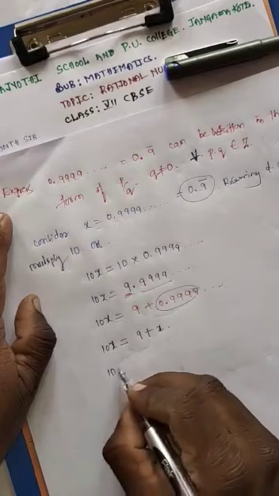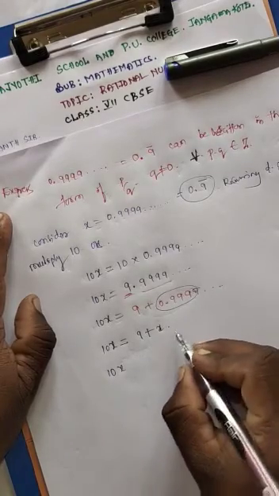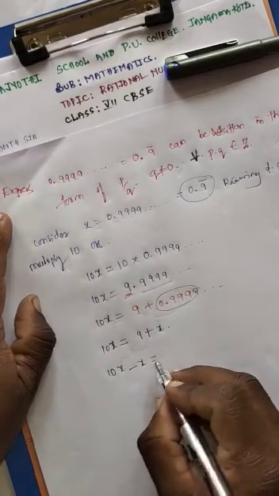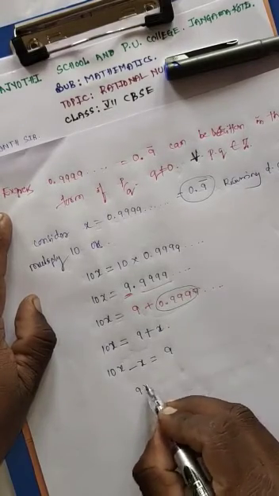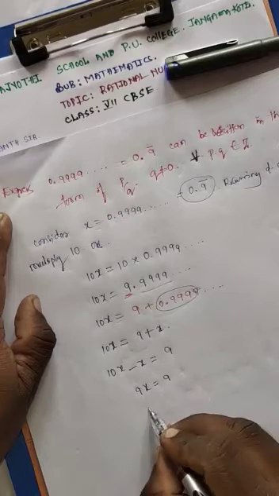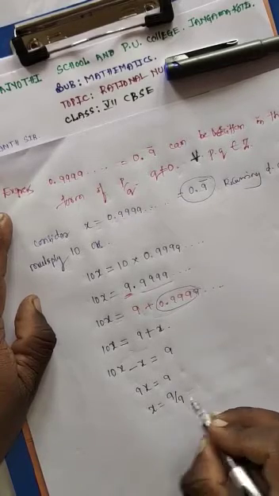So we can transpose this plus x from RHS to LHS, we get minus x, which is equal to 9. So 10x minus 1x, 9x is equal to 9, hence x is equal to 9 by 9.